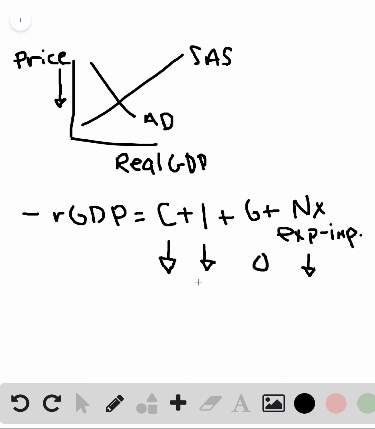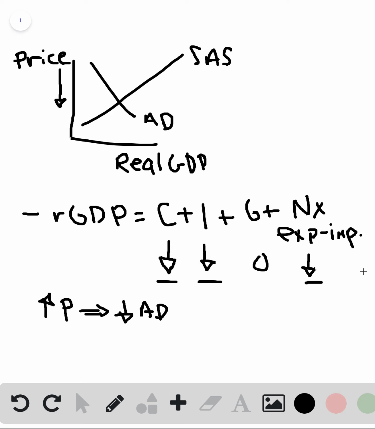So overall, we have 3 different factors which will cause the aggregate demand to decrease. So an increase in price level will lead to a decrease in the aggregate demand, with these 3 factors being the reason why.